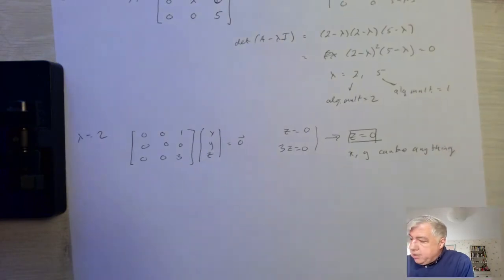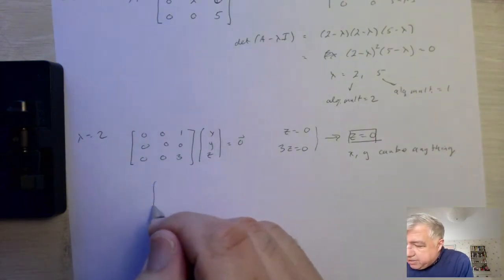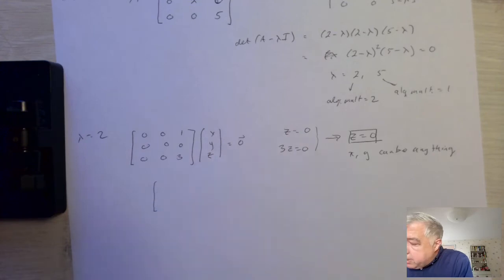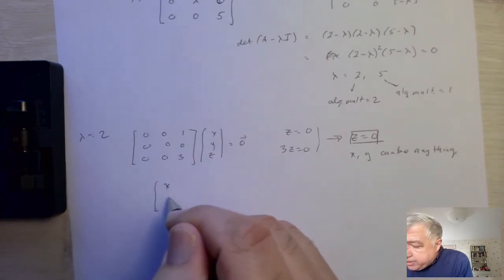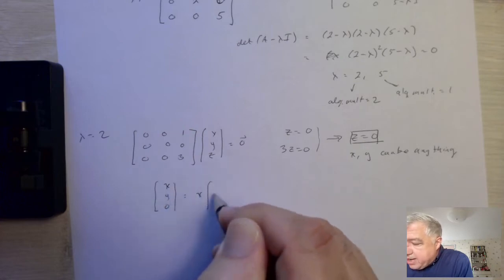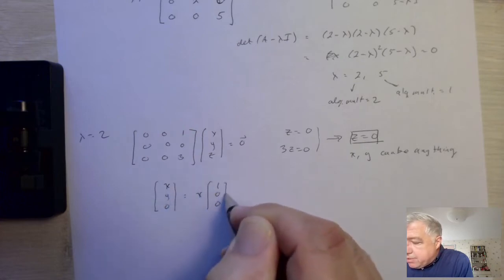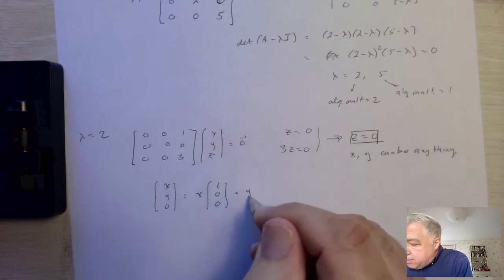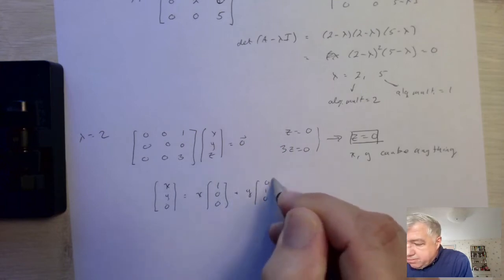So a typical eigenvector would look like x, y, 0, which can be written as x times 1, 0, 0 plus y times 0, 1, 0.